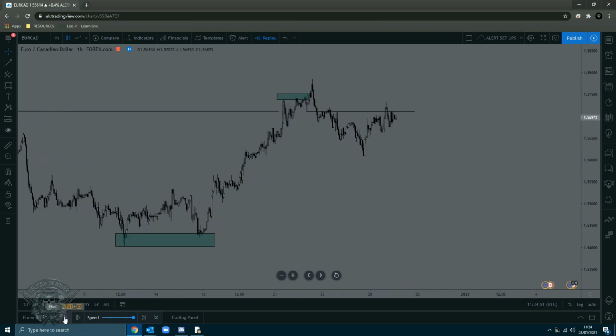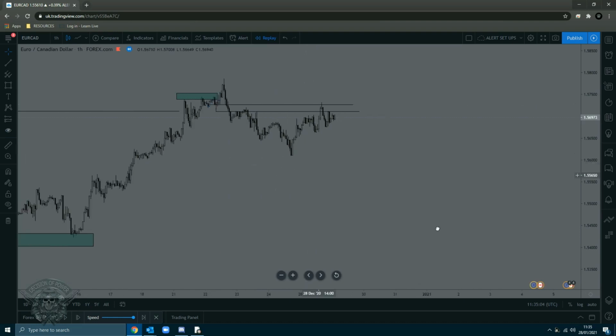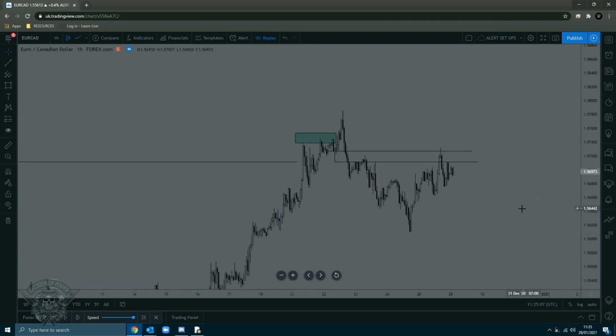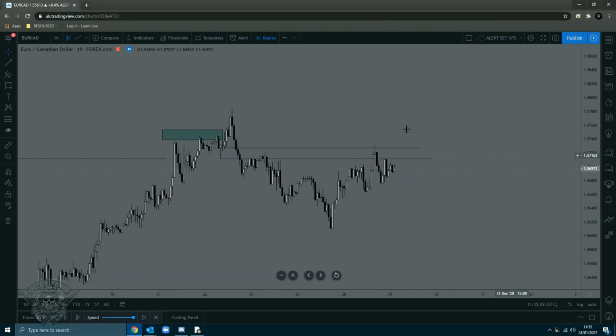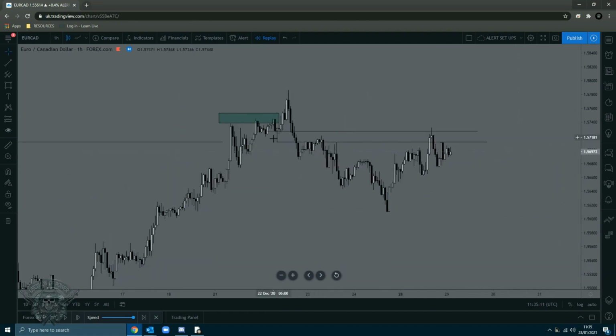Right there, you've got the entry point we'll be looking at. This is the swing low point. I'd be looking for a retest of the bodies of that down candle right there. If I zoom in a little bit more, this was the swing low that was broken right here.